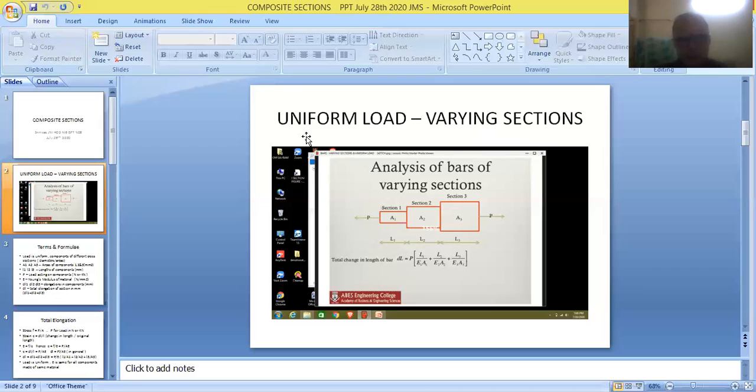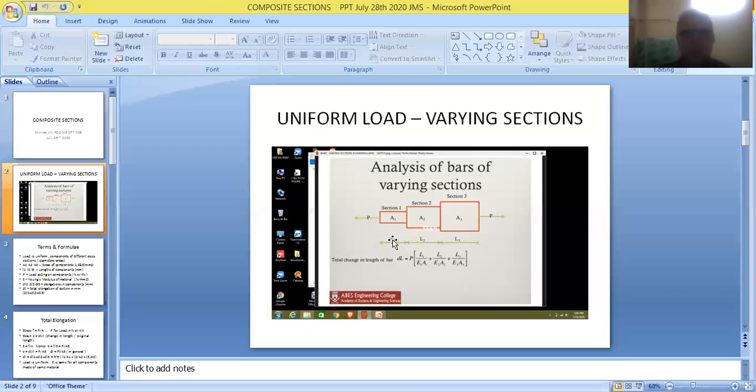Just by looking at the title, we can get an idea about the load acting on the section and also the areas of various components present in the section. So friends, load is uniform, areas are changing, so it is titled as uniform load and varying sections.